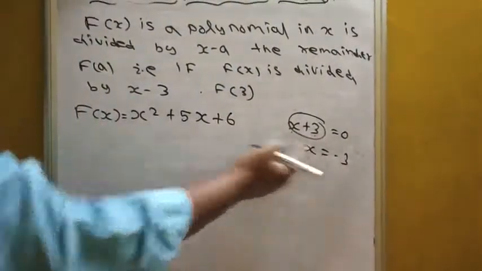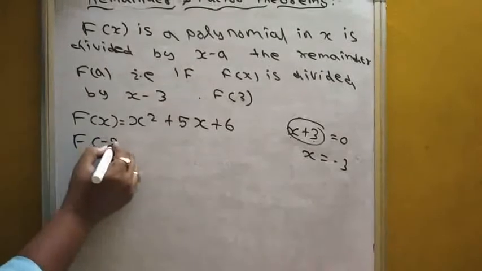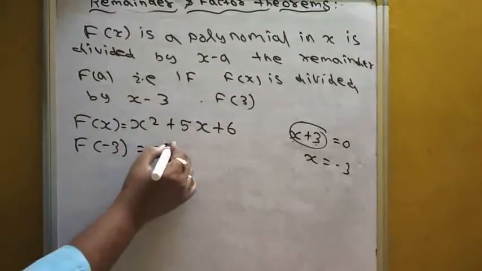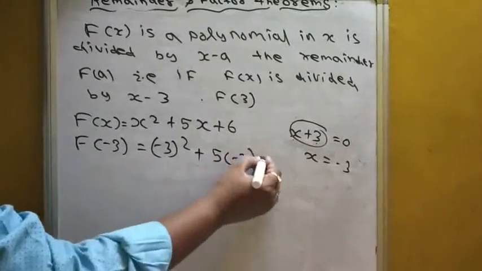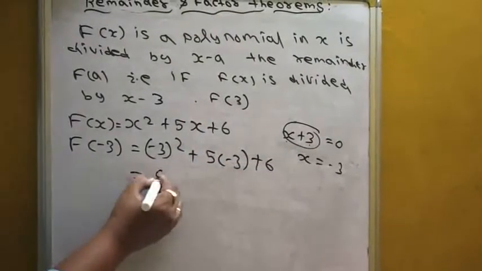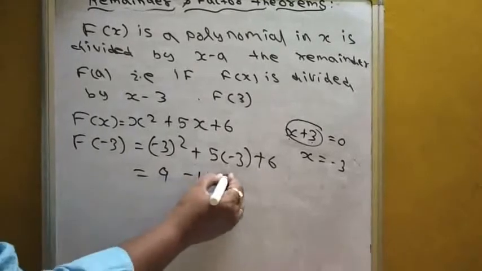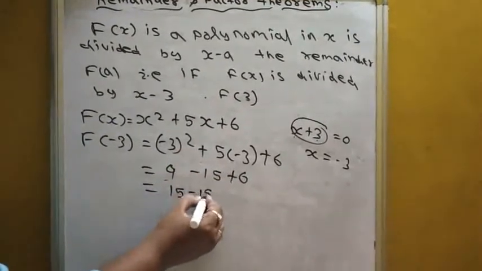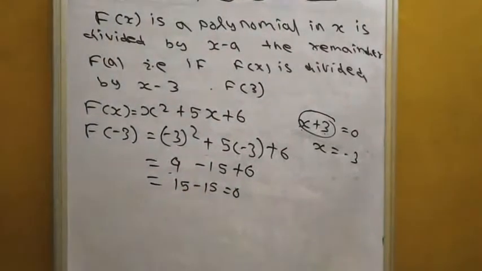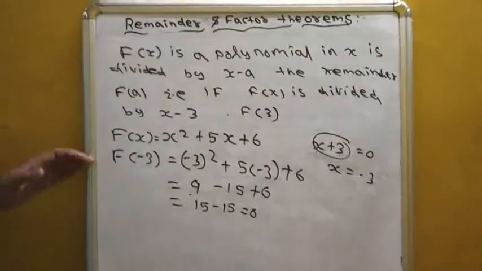You put that value here: f of minus 3 equals minus 3 square plus 5 into minus 3 plus 6 equals 9 minus 15 plus 6. 9 plus 6 equals 15, minus 15 equals 0. So here the remainder equals 0. This one is without actual division.